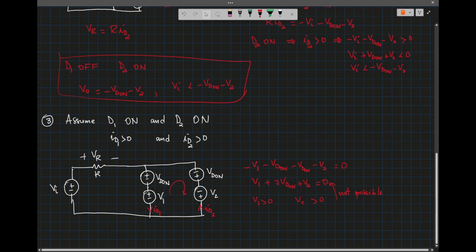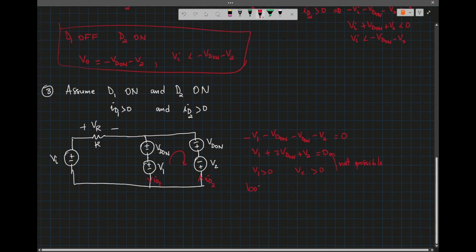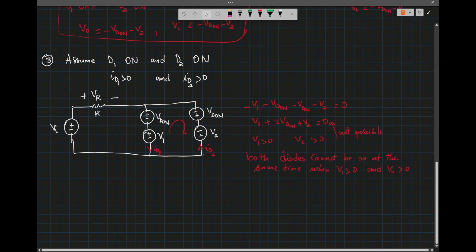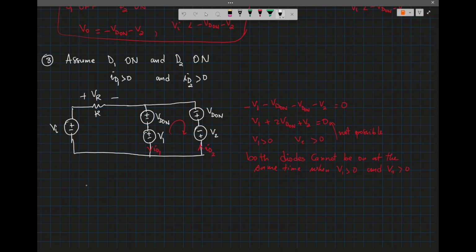That means both diodes cannot be on at the same time, when the bias voltages V1 and V2 are positive. I should probably indicate that at the beginning. That was the assumption.